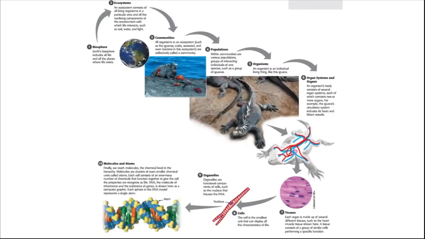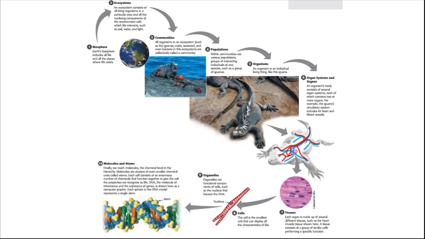So you can see that it's kind of a continuous flow here. The biosphere is made of ecosystems, which are made of communities, which are made of populations, which are made of organisms. And you can really stop at any one of these points and explore scientifically the different structures and components and processes that contribute to these stages.